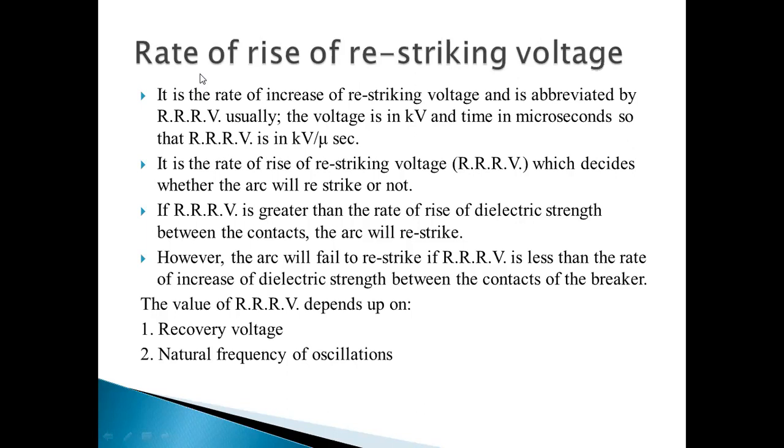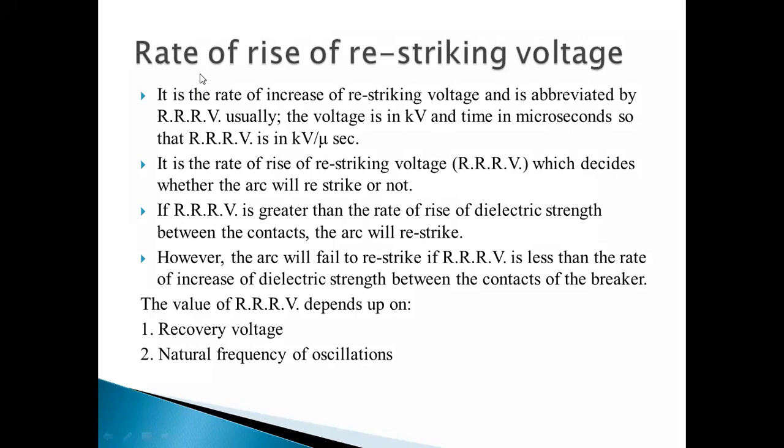म्हणजे जर restriking voltage increase झालं तर काय होईल आणि decrease झालं तर काय होईल. So if this RRRV is greater than the rate of rise of dielectric strength between the contacts, the arc will restrike.